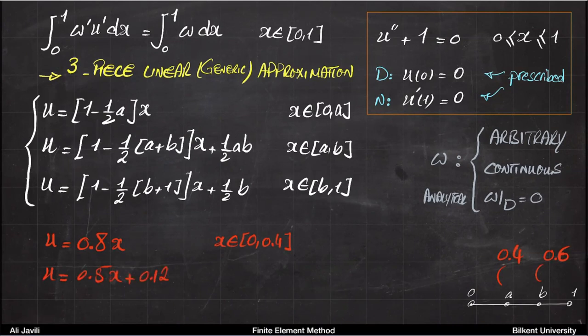All right. And that would be x between 0.4 and 0.6. And then eventually, if x is between 0.6 and 1, then u is 0.2x plus 0.3.